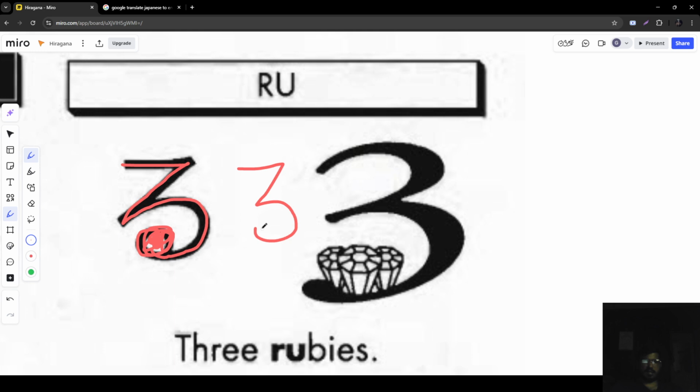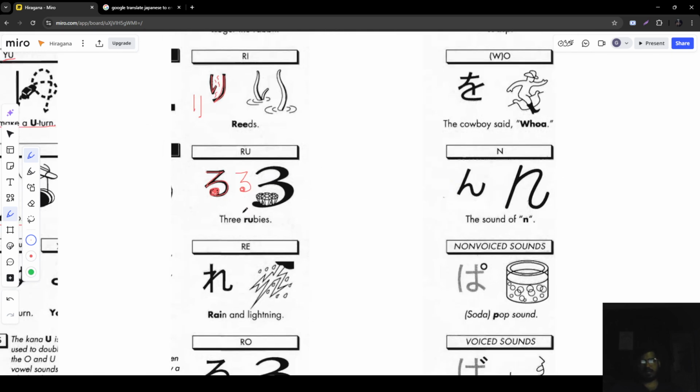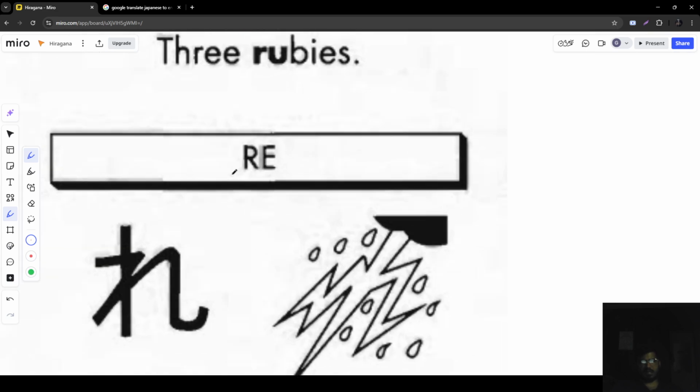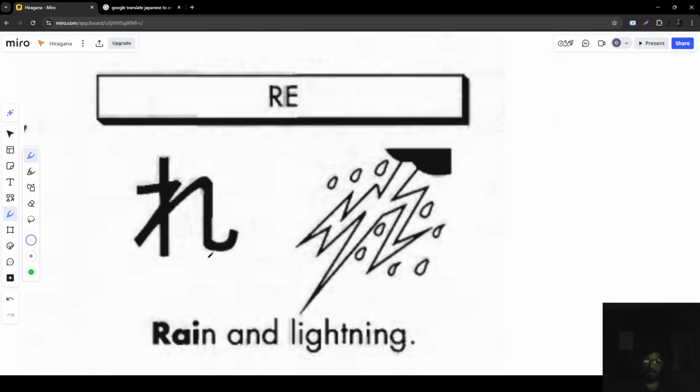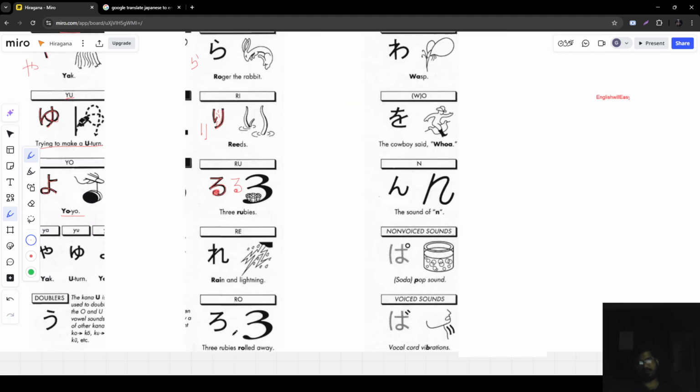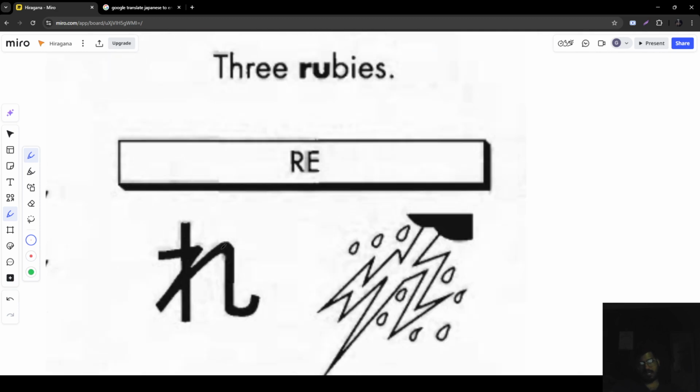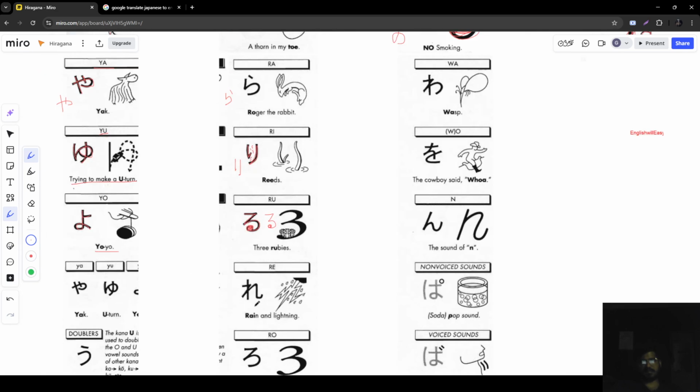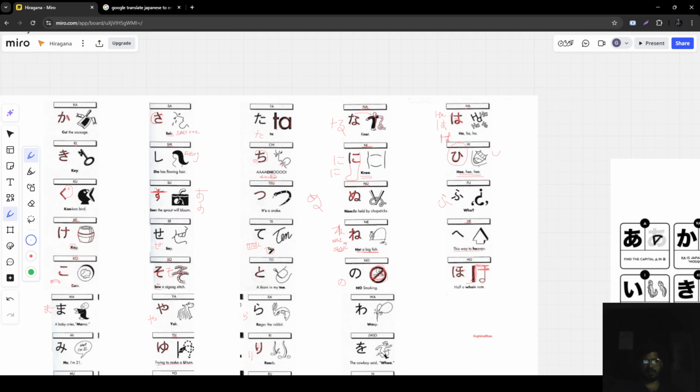Ruby. The next one is re. As you can see here, re is similar to ne. Where's ne now?